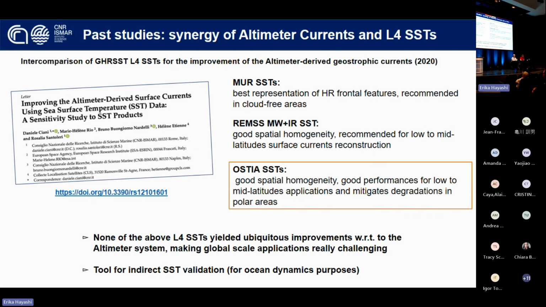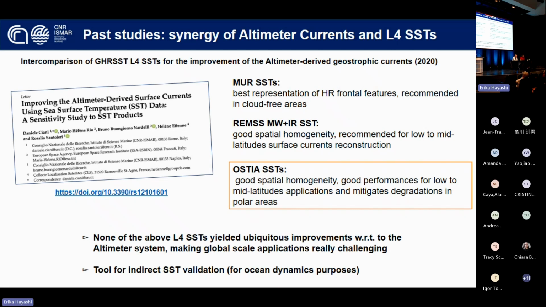The REMSS merged microwave and infrared SSTs were quite good, particularly recommended for applications related to the equatorial and mid-latitude band. Some degradations in high latitudes were observed. And the OSTIA turned out to be, let's say, the best trade-off for the global scale monitoring.